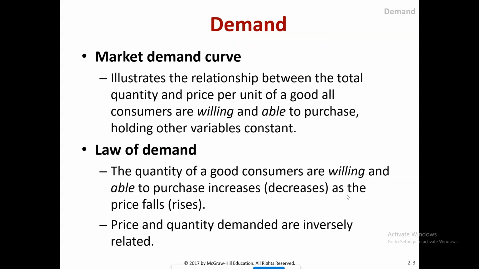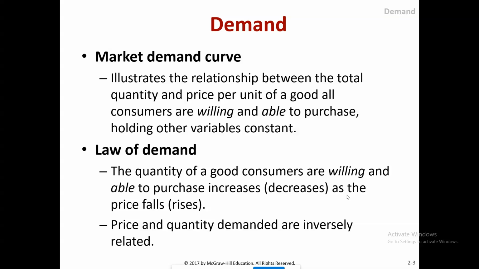Now, the law of demand just describes the relationship. Whenever price increases, the amount consumers are willing and able to purchase decreases. Expensive, purchase less. Whenever the price of a product goes down, falls, decreases, people can afford more, and more people can afford the product.